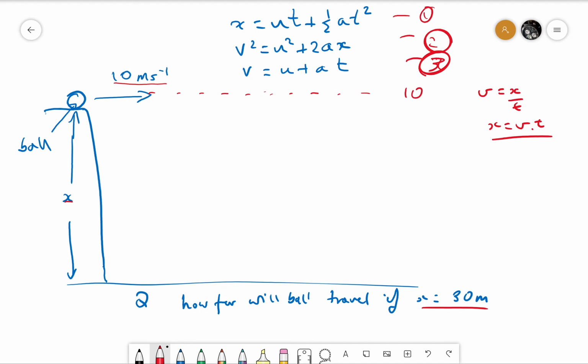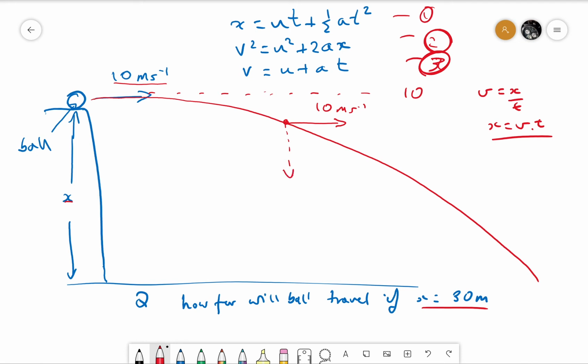So let's look at the trajectory. The ball is going to do this. So there's a horizontal component. If I look at any part of this flight here, there's a horizontal component there, which is 10 meters per second. And there's also a vertical component here. And this vertical component is dependent on the gravitational pull.